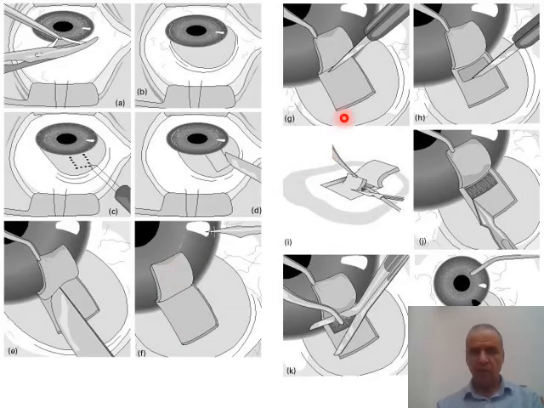Then we cut part of the trabecular meshwork, because this area corresponds to the trabecular meshwork, like in this area. So there is exposure of the periphery of the iris. This periphery of the iris acts as a policeman to occlude this opening. For this reason, we pull the periphery of the iris, and we cut it.